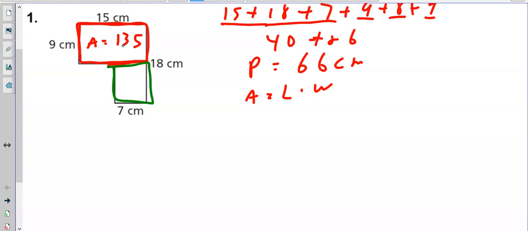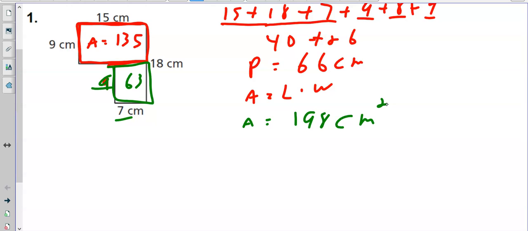Now remember previously we found out that this piece right here was 9. Should have done that in green, sorry. So the green box is 9 by 7. So that's 63. So the combined area is 135 plus 63, so it's going to be 198, and we always use square units for area.